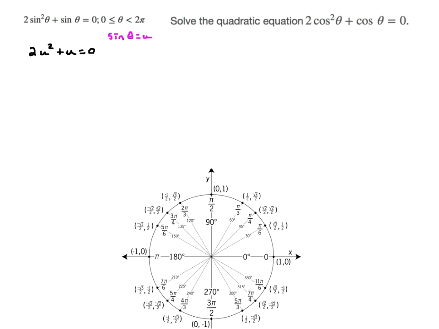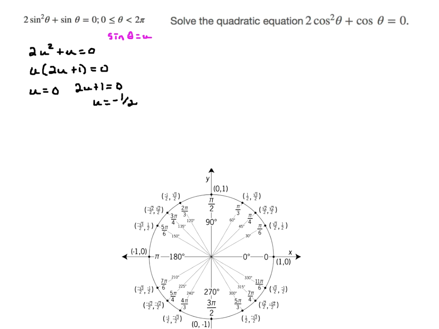And then all I need to do is factor it. They have a GCF of u, and that leaves me with 2u plus 1 equals 0. So I can use the zero product property, which says u is equal to 0, or 2u plus 1 is equal to 0. So this makes u, I subtract 1 and then divide by 2, so that's -1/2.